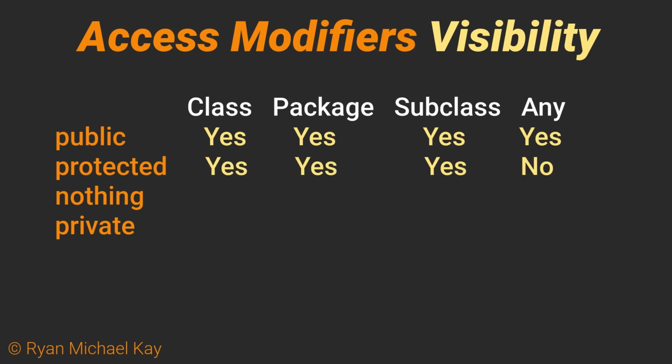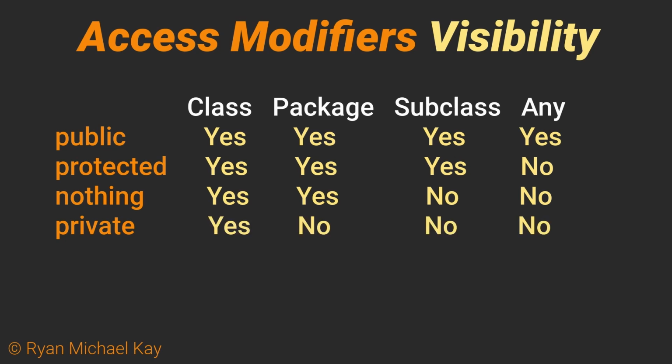Protected, aka package private, is accessible within any software entity that is within the same package, class, or subclass. Not including an access modifier defaults to visibility within the same package and class, but not within subclasses. Private, the most restrictive type, only allows information and behavior to be visible within the body of the class itself.